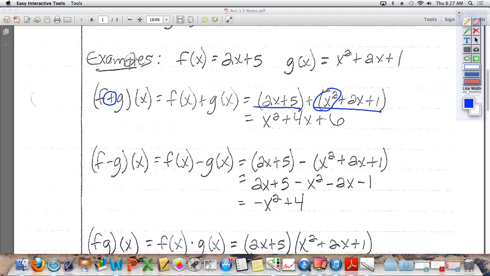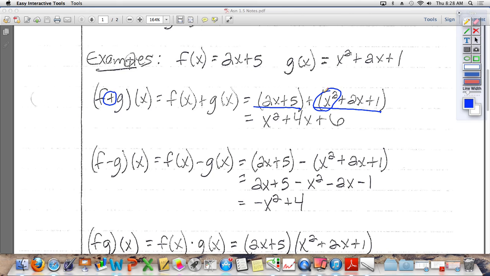Does anybody remember what it is called when the highest power goes first? Order of operations? Not order of operations. It was a fancy word that you learned last year. Order of operations you learned years and years ago. It's called standard form. Do you remember that? Standard form.